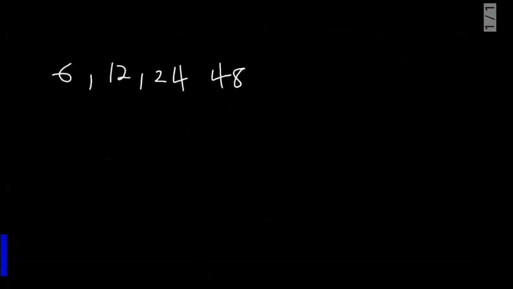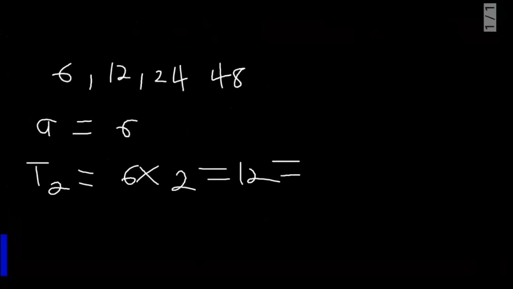Looking at this sequence, we have its first term as A equal to 6. We have its second term as the first term multiplied by the common ratio, and this is 12, so this is A multiplied by r. We have the third term as the second term, which is 12, multiplied by 2.